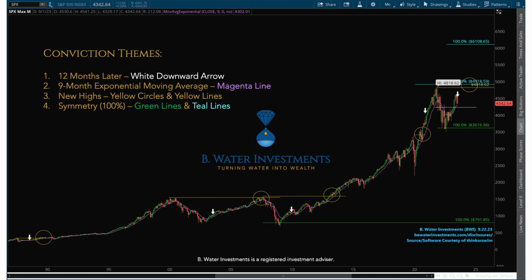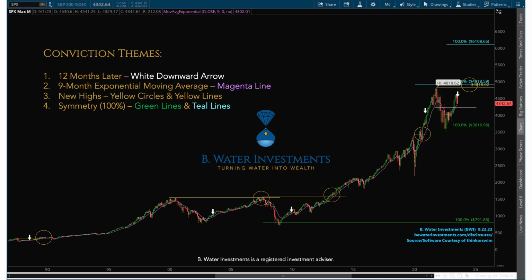However, 12 months later, you see a downward white arrow. 12 months later, from the fear of the 87 crash, was higher lows and higher highs on a daily chart.